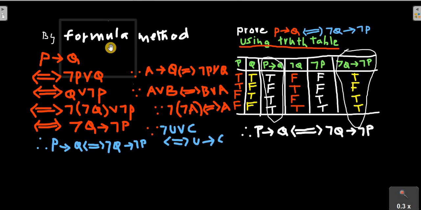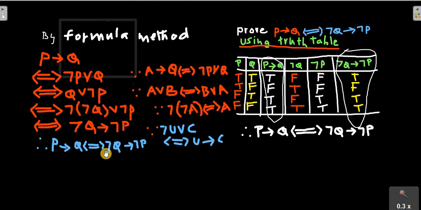The other method is the formula method, where we have proved that P implies Q, at last we have negation Q implies negation P. There we are using all the equivalence rules, and at last we are proving this.